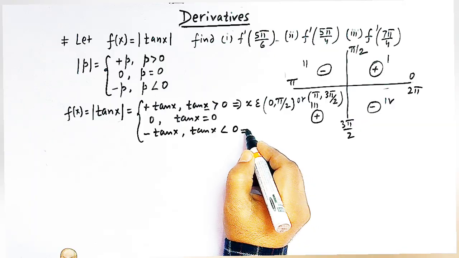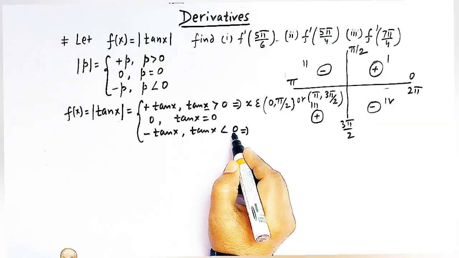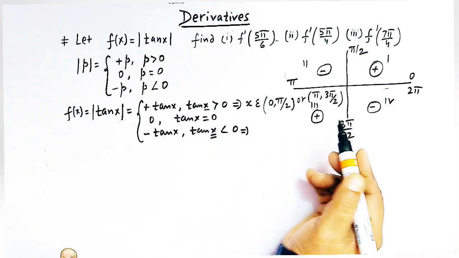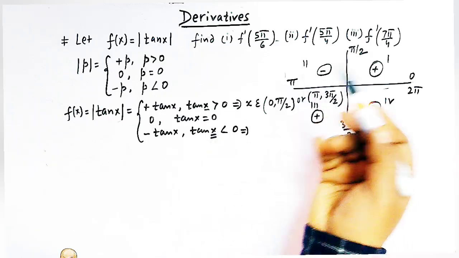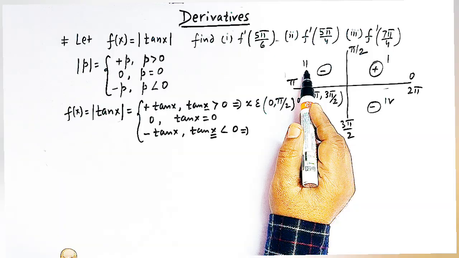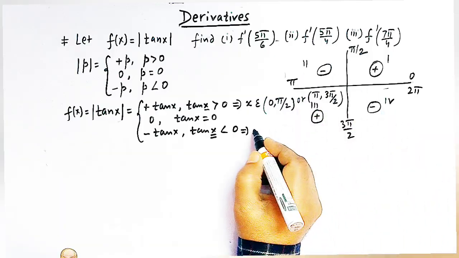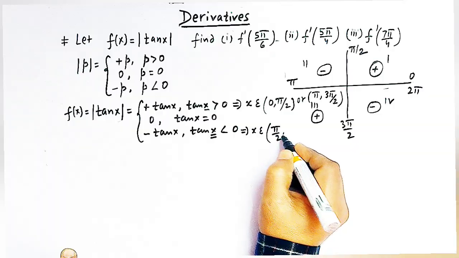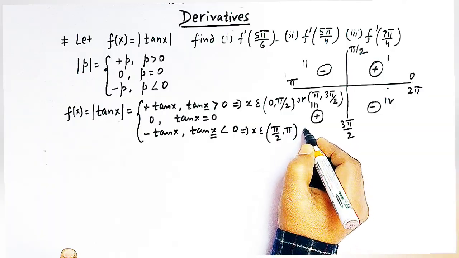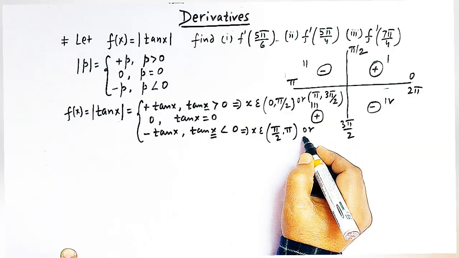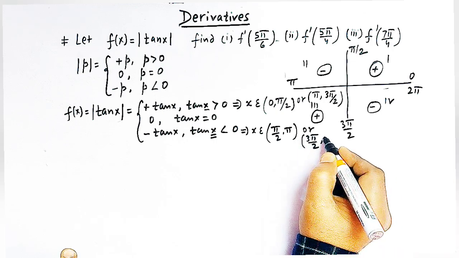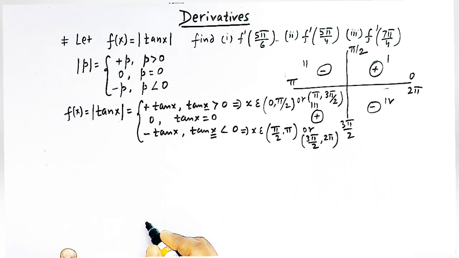And here tan x is less than 0, so it implies that this value of x should lie either in the second quadrant or in the fourth quadrant. So when x belongs to the interval pi by 2 to pi, or x belongs to the interval 3 pi by 2 to 2 pi, right?